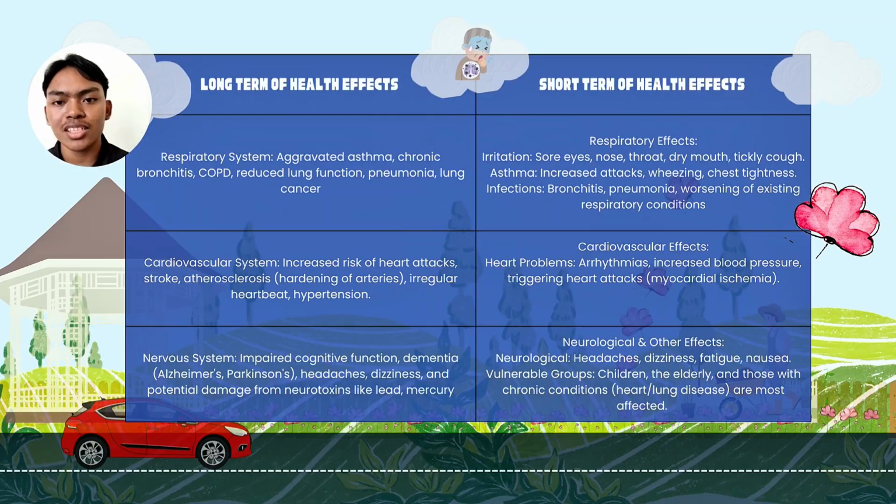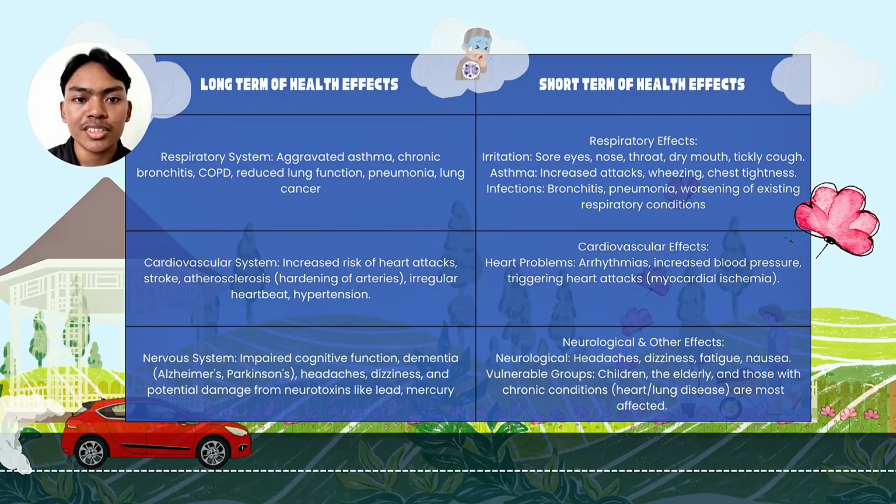For the last one, for long-term health effects, it is the nervous system: impaired cognitive function, dementia, which is Alzheimer's, Parkinson's symptoms, headaches, dizziness, and potential damage from neurotoxins like lead and mercury. For short-term health effects, neurological or other effects are headaches, dizziness, fatigue, nausea.